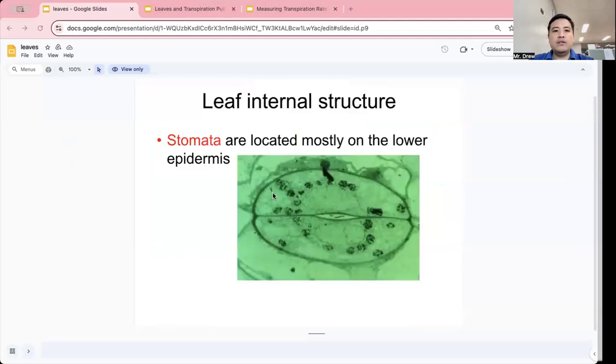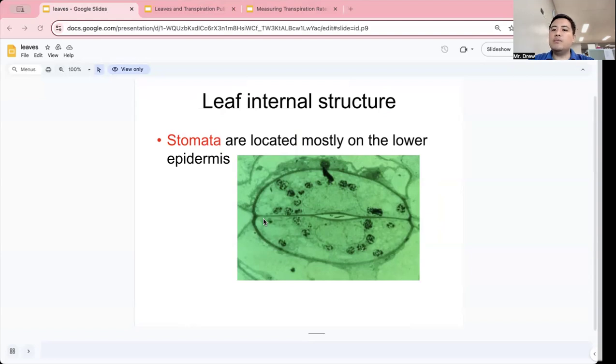All right, let's continue the leaf internal structure, and this time the stomata. Stomata are the small pores found mostly on the lower epidermis. First, they allow carbon dioxide in for photosynthesis, release oxygen produced during photosynthesis, and regulate water loss through transpiration. So why are stomata on the lower side?